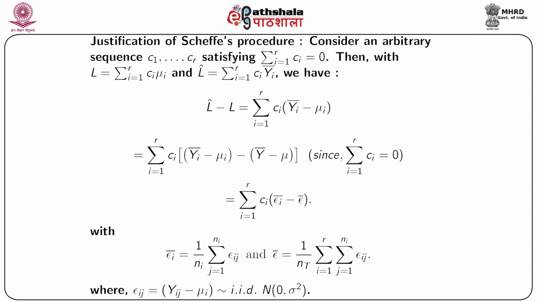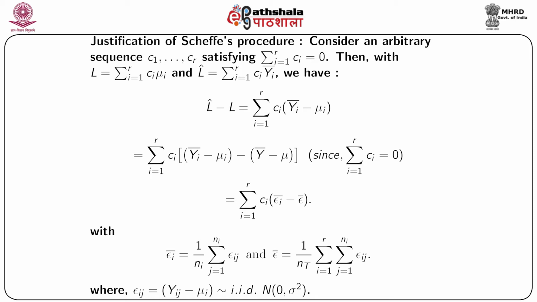So L hat minus L can now be written as summation i equals 1 to r ci times (Yi bar minus mu i minus (y bar minus mu)), since summation i equals 1 to r ci equals 0 is the condition that is satisfied by c1, c2, ..., cr.